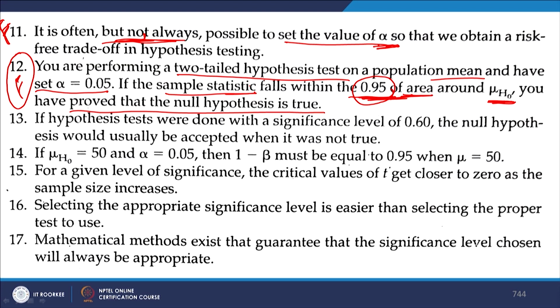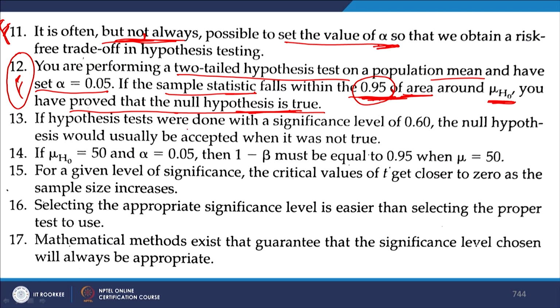Then you would not reject the null hypothesis, and you would say the null hypothesis is true, is it not? So, you need to look at critical values. Let us look at the next one.